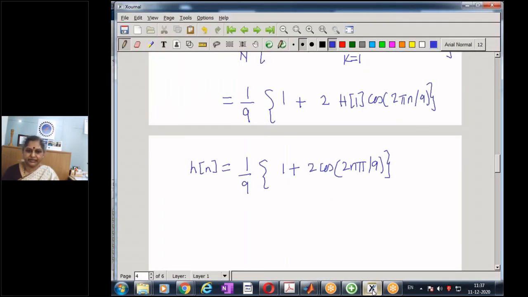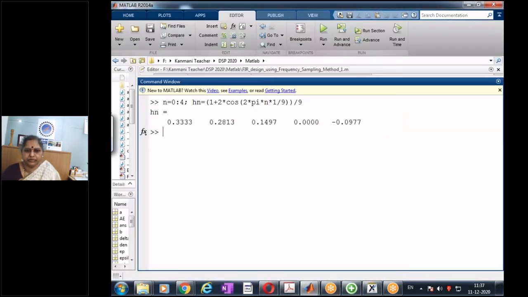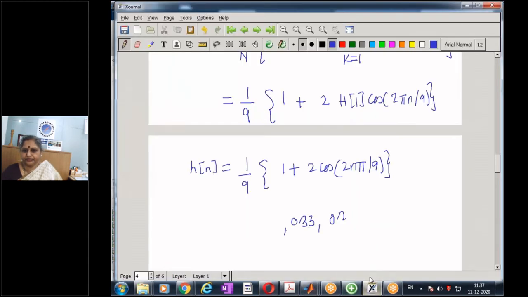So what we are getting is 0.33, then 0.28, 0.28. It is symmetric.